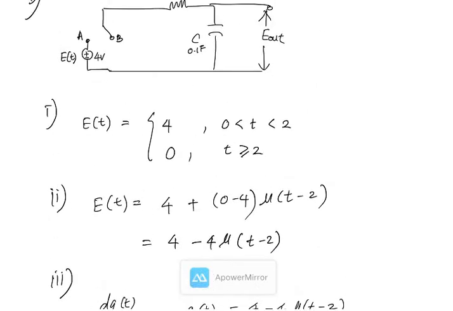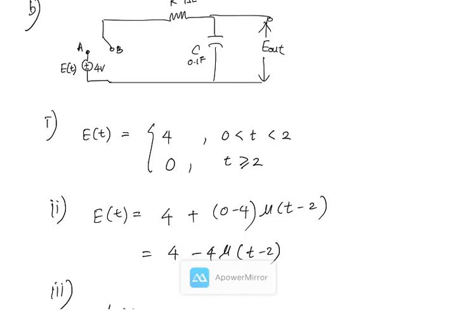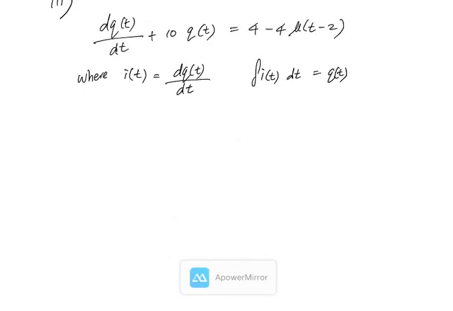This means that we need to find the voltage drop across the resistor plus the voltage drop across the capacitor equal to E(t). So the voltage drop across the resistor is i(t)R plus the voltage drop across the capacitor is 1 over C integration 0 to t i(t) dt equal to 4 minus 4u(t minus 2).